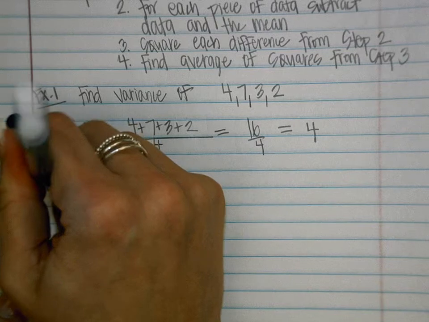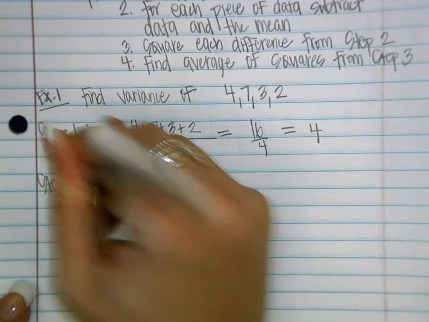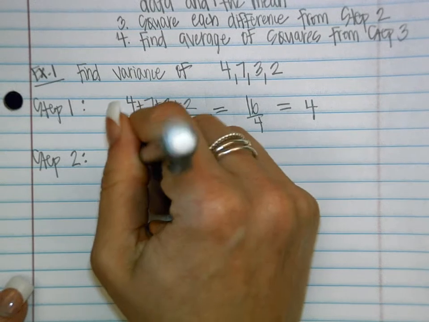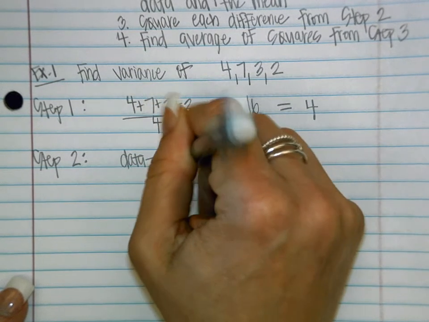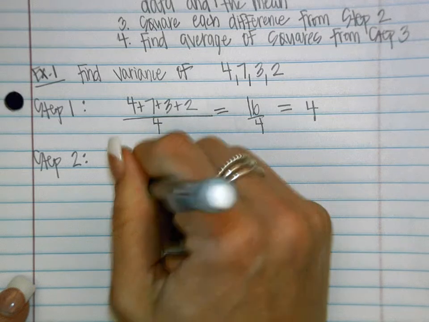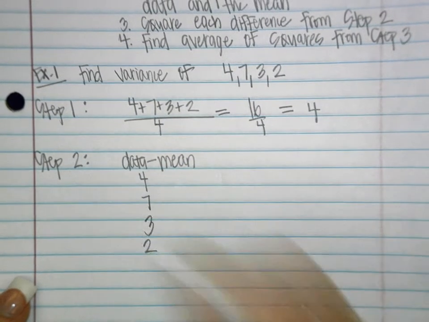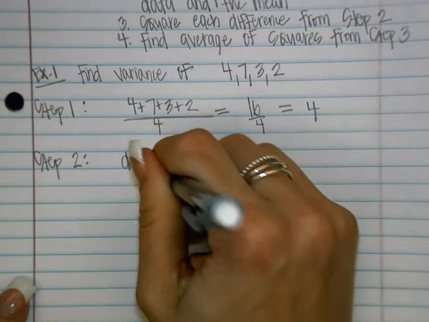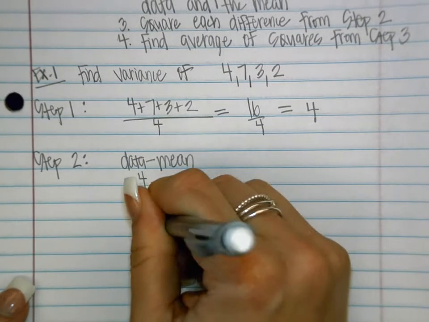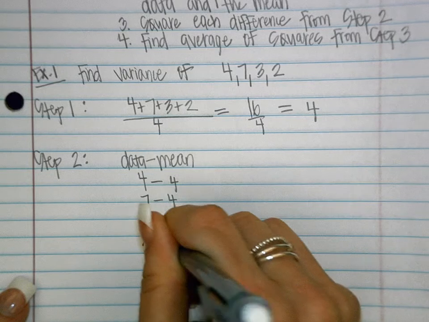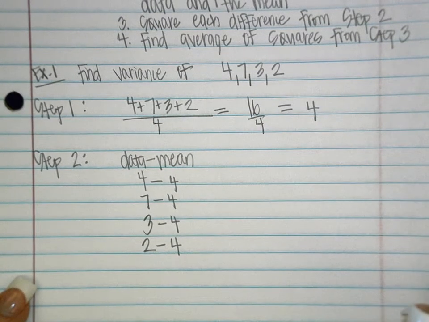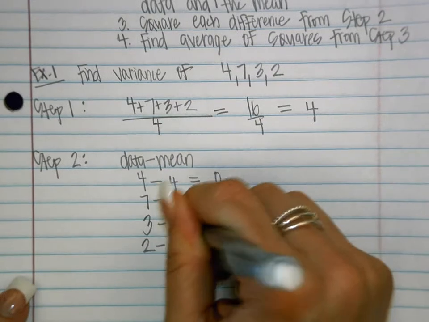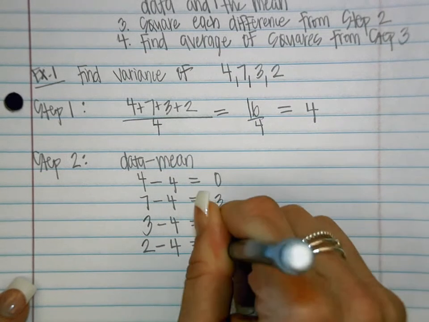Then step 2, you're going to take whatever the score was, or the data, and subtract the mean. So our data was 4, 7, 3, and 2, and from each of those numbers, you want to subtract the mean. So you're going to do 4 minus 4, 7 minus 4, 3 minus 4, and 2 minus 4. To get those answers, you're going to do 0, 3, -1, and -2.